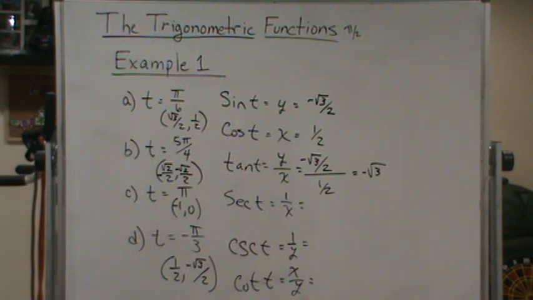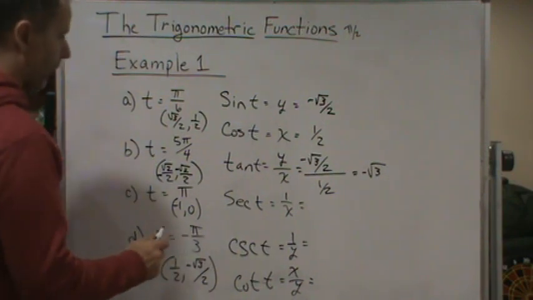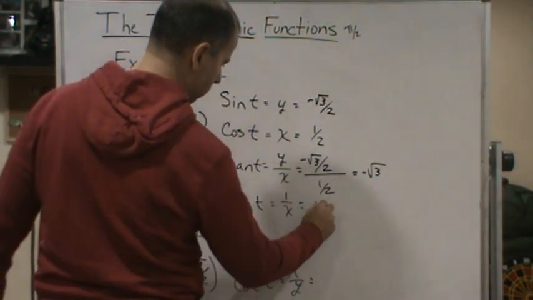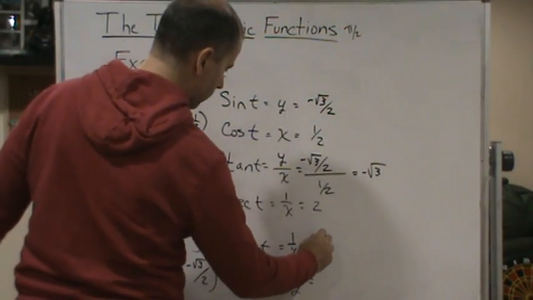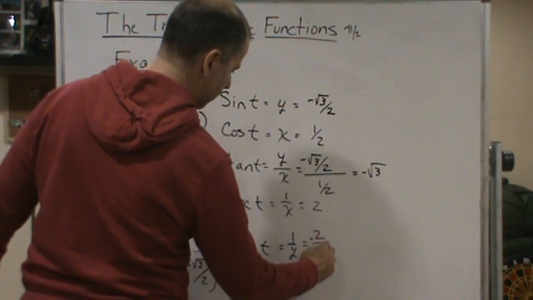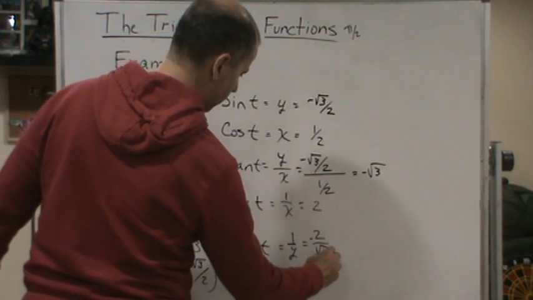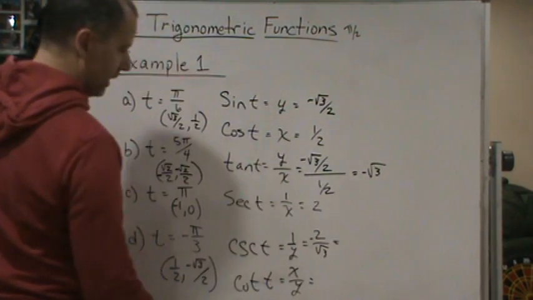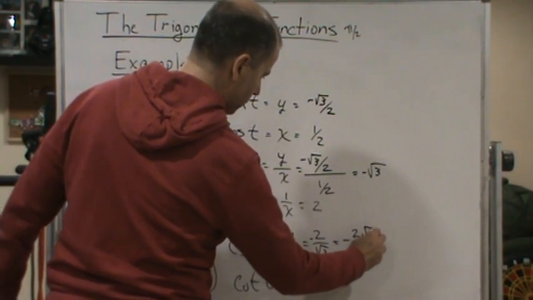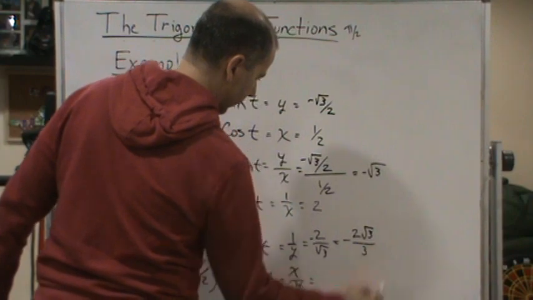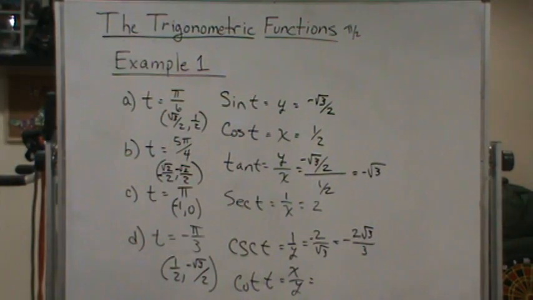Okay. And then 1 over x is 2. And then 1 over y is negative 2 over the square root of 3. But again, we got to rationalize that. So we're going to get negative 2 root 3 over 3.